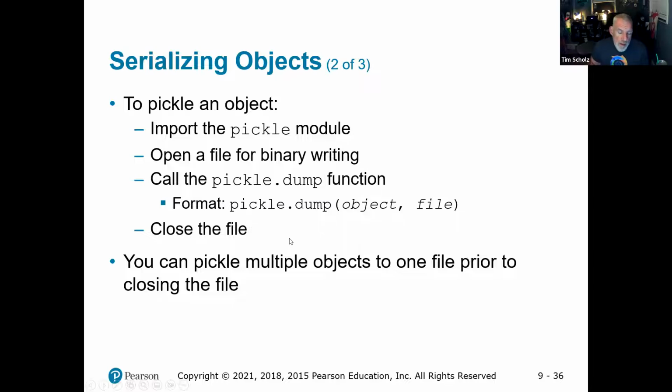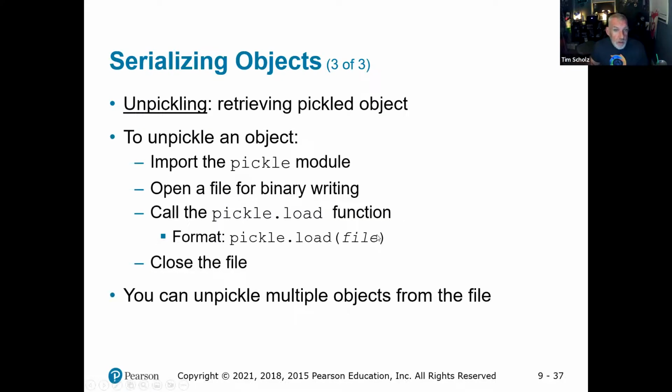One of the things, if I have multiple objects, I can take multiple objects and write them to the file, and then be able to go through and iterate and pull those multiple objects back in for use. Then of course, if I pickle to write to the file, basically I unpickle to retrieve from the file.